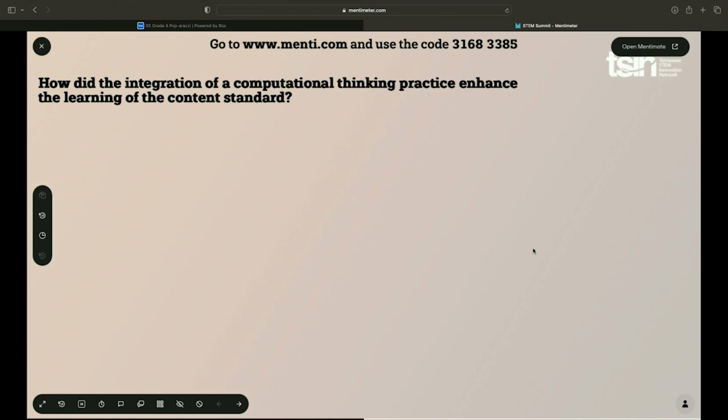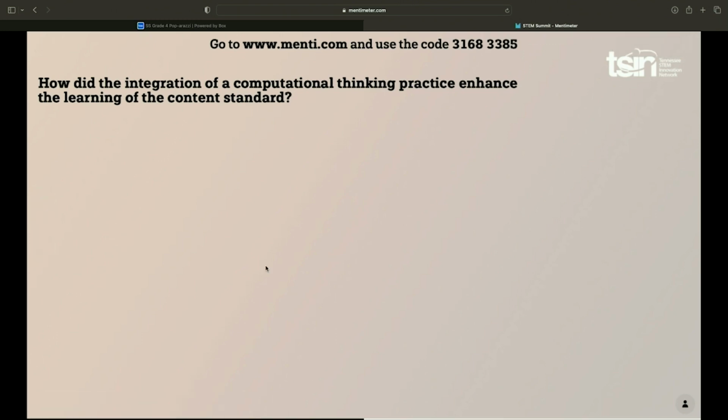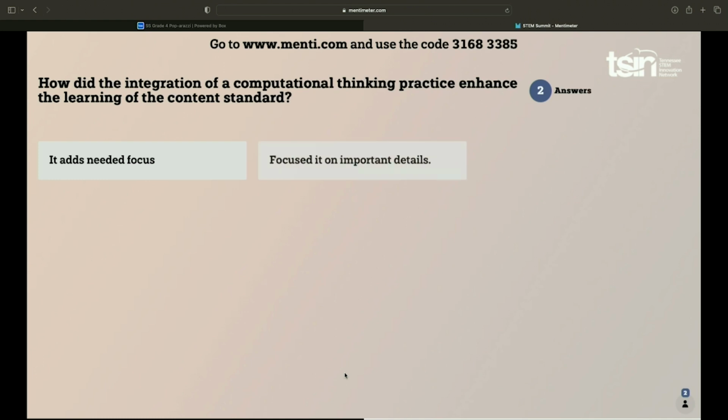I think if you hit enter, it might let the responses start filing in. There we go. So how does integrating abstraction here enhance the learning of this content standard?